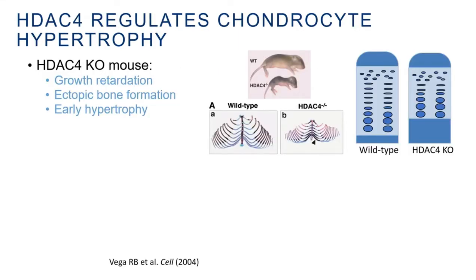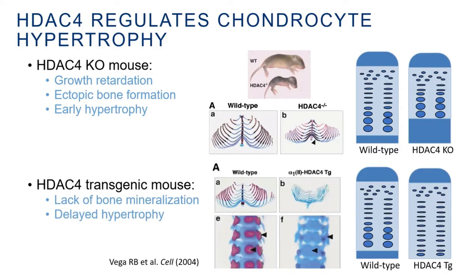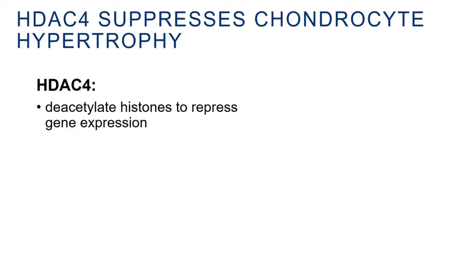The role of HDAC4 in the growth plate has been quite well studied. There's a knockout of HDAC4 that shows growth retardation, ectopic bone formation, and early hypertrophy. And the transgenic mouse overexpressing HDAC4 has the opposite skeletal phenotype, with a lack of bone mineralization and delayed hypertrophy. Now, let's recall that HDAC4 is a histone deacetylase, and so it deacetylates the histone to likely repress gene expression.